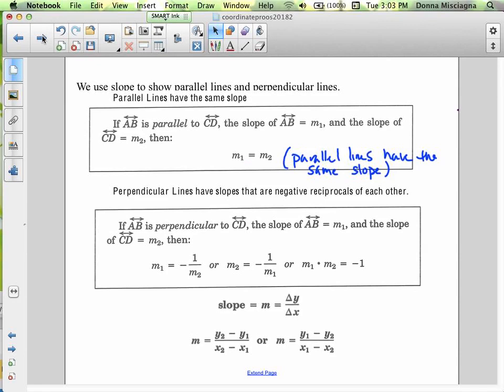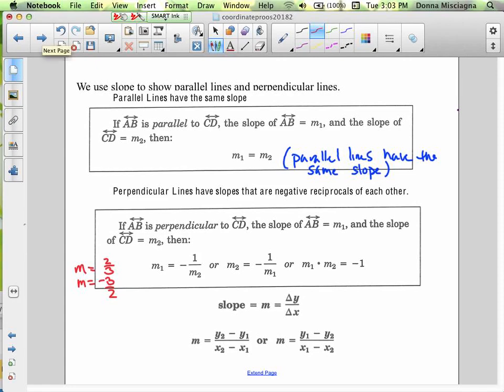In other words, let's say one line had a slope of 2/3. The perpendicular line would be the reciprocal of that, so they would be switched. Because if I write 1 divided by 2/3, that's the same as 1 times 3/2. And negated, so that'll mean they have the opposite slope.